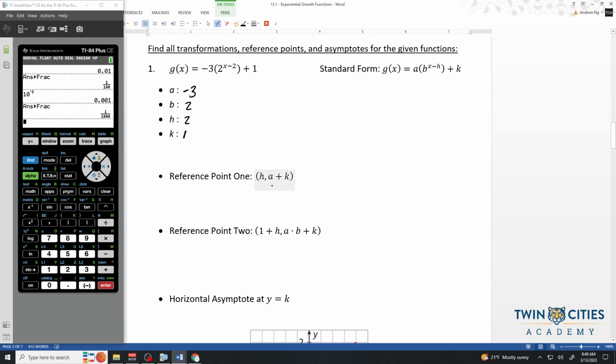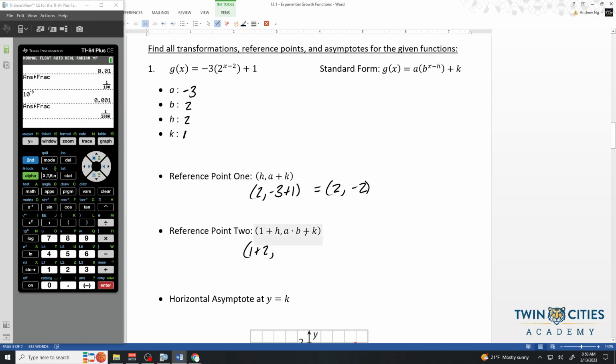So when I look at my first reference point, which is h comma a plus k, now that I've identified a, b, h, and k, I can go ahead and say that my first reference point is going to be 2, comma, a plus k would be -3 plus 1, which is 2, -2. And my second reference point is 1 plus h, so that's going to be 1 plus 2.